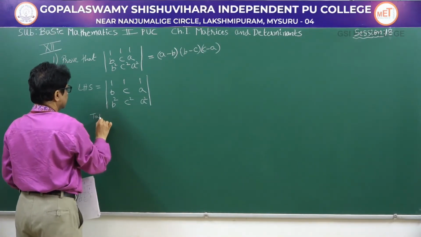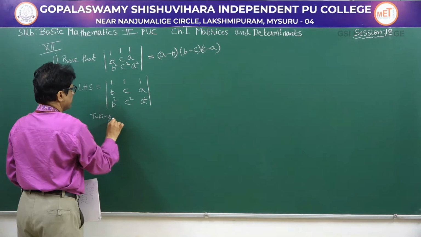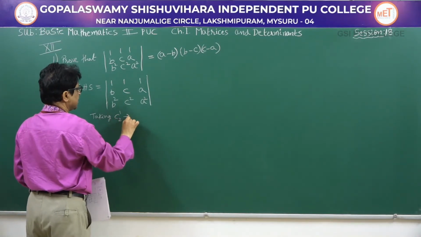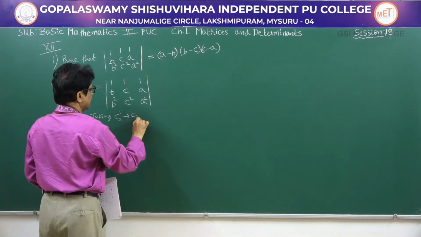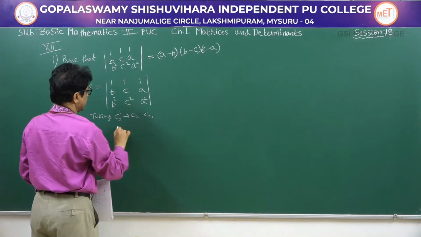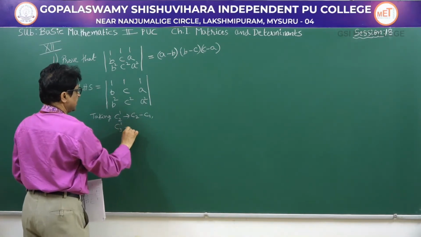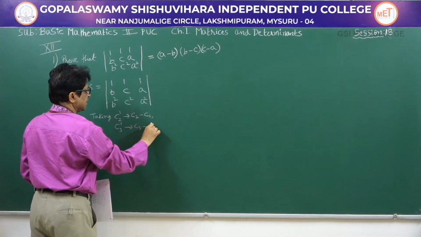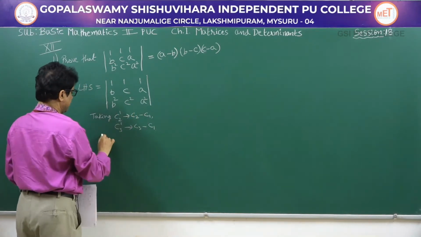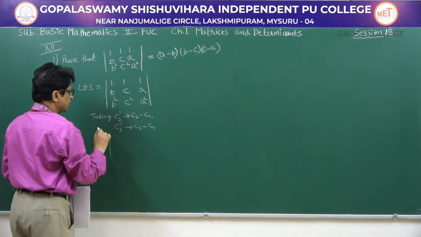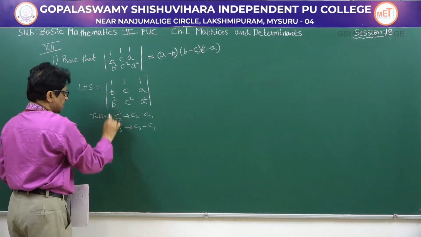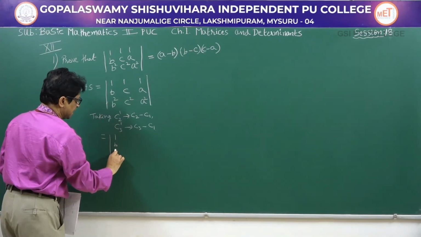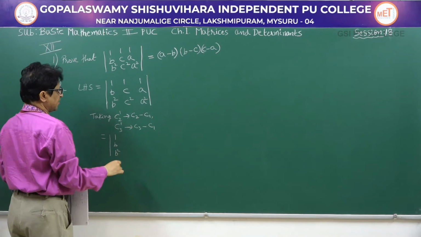So, taking C2 dash as C2 minus C1, C3 dash as C3 minus C1. So, that will be equal to, so here the first column remains as it is 1, B, B square.